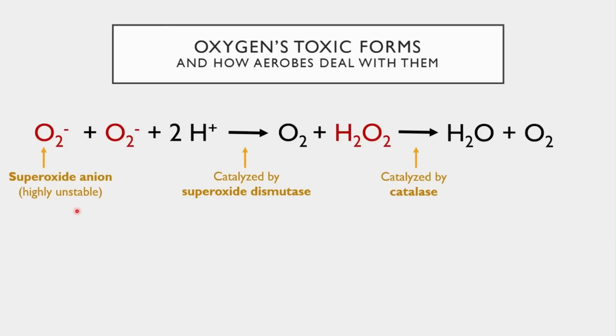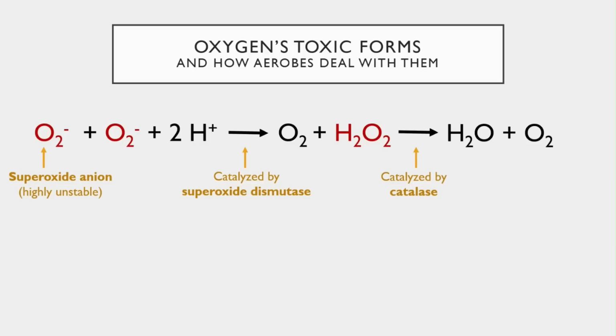It's incredibly unstable and damaging. It can be converted into molecular oxygen and hydrogen peroxide through the enzyme superoxide dismutase. And hydrogen peroxide can be processed even further into H2O and molecular oxygen, which can be catalyzed by an enzyme called catalase. And so, if we're thinking about organisms that exist with or without oxygen, these enzymes are going to be incredibly crucial.